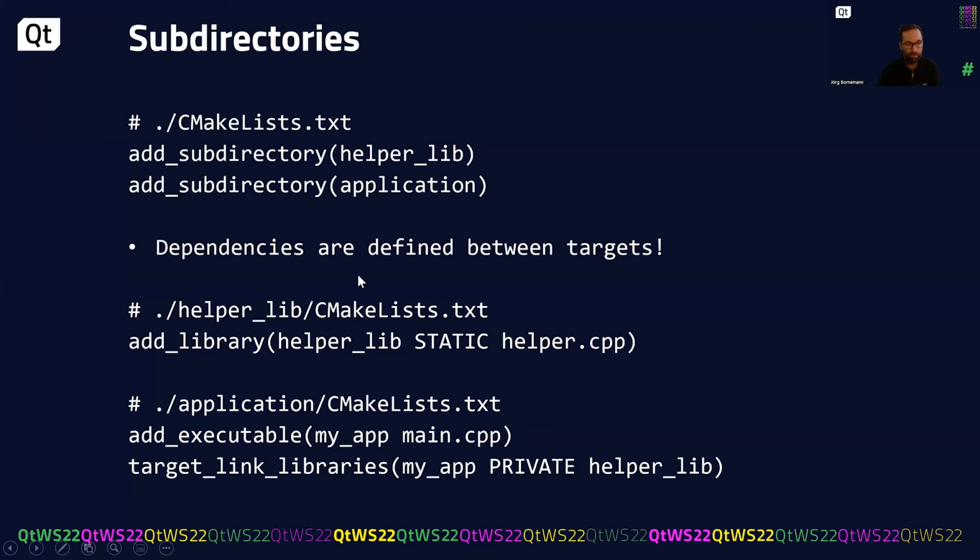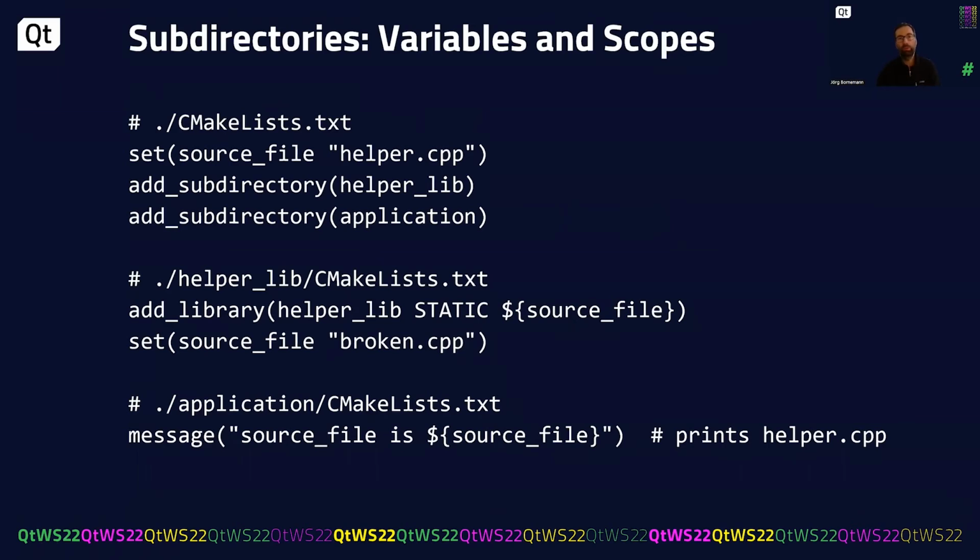Passing variables down to subdirectories in QMake projects is a chore that usually involves include files or .qmake.conf. In CMake, you can set variables on the subdirectory parent level. Like here, we set the variable source file to the value helper.cpp, and this one is available within the helper lib subdirectory and the application subdirectory.